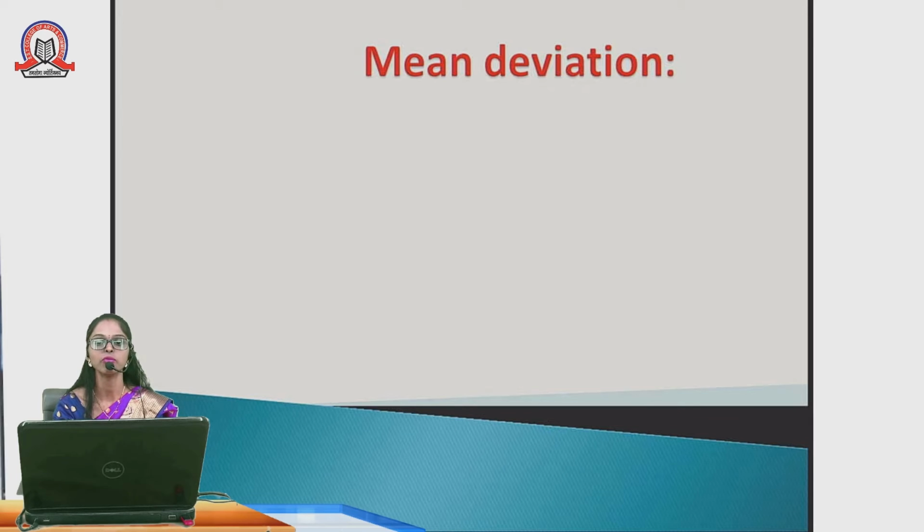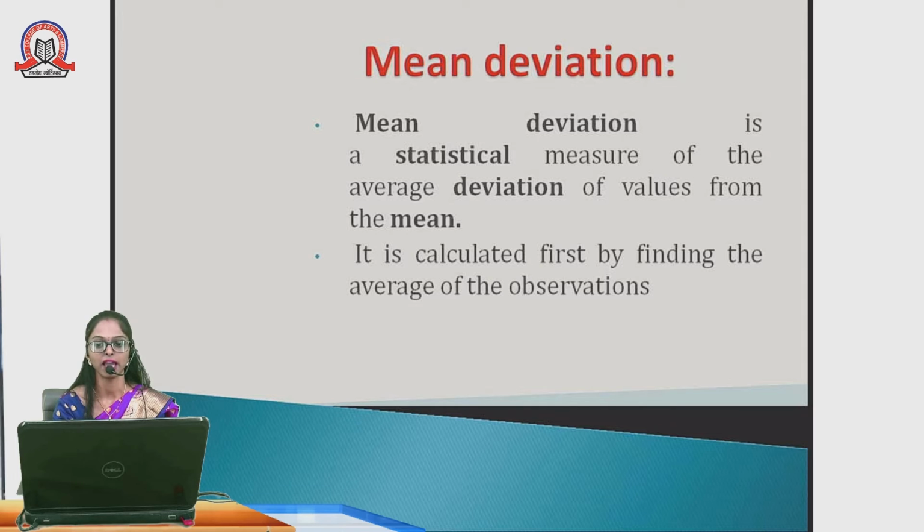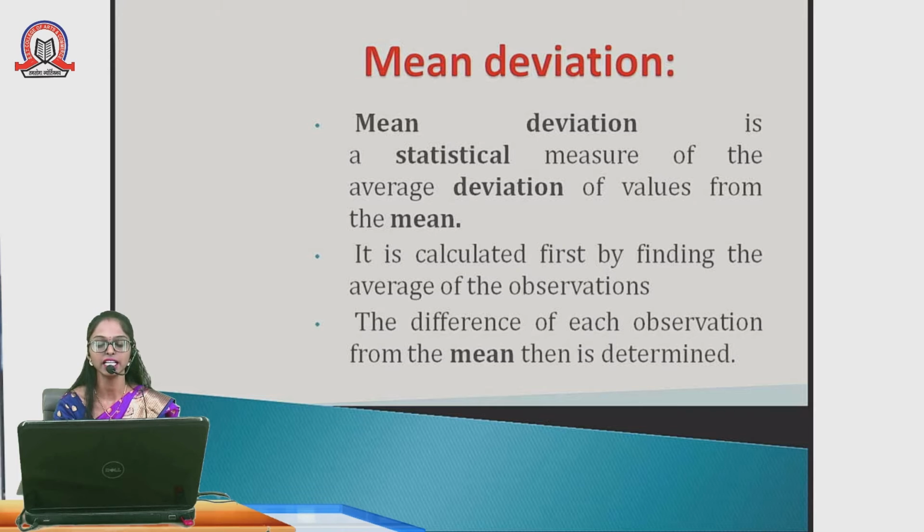Now we see the mean deviation. Mean deviation is a statistical measure of the average deviation of values from the mean. It is calculated by first finding the average of the observations, then taking the difference of each observation from the mean.